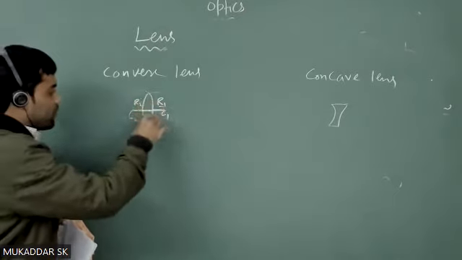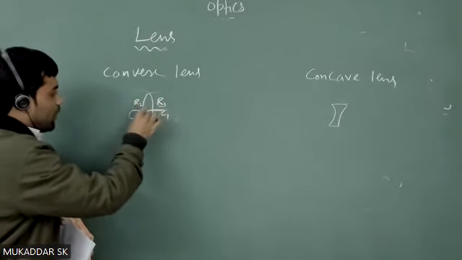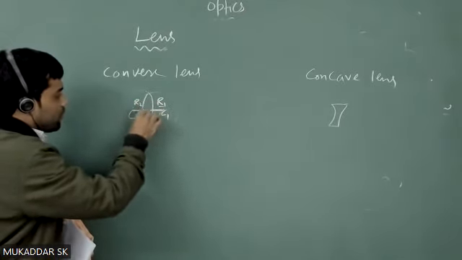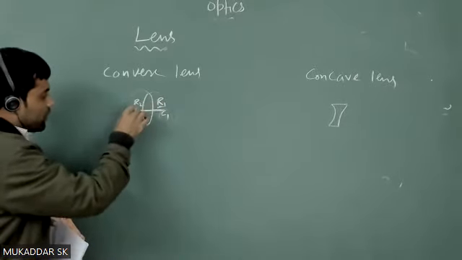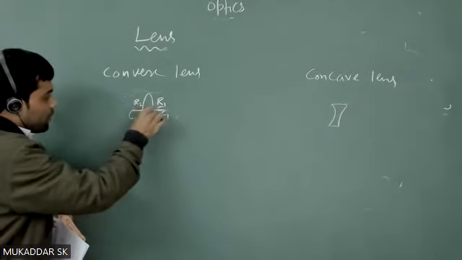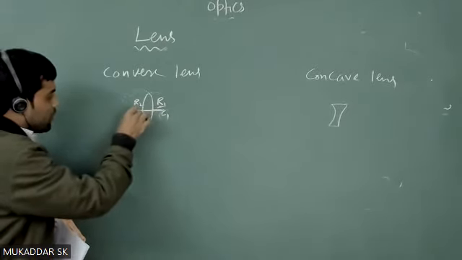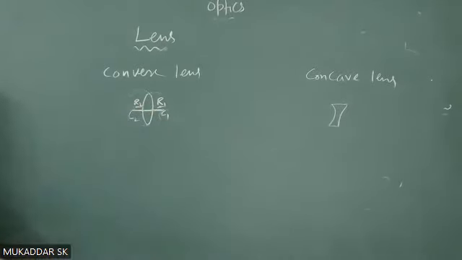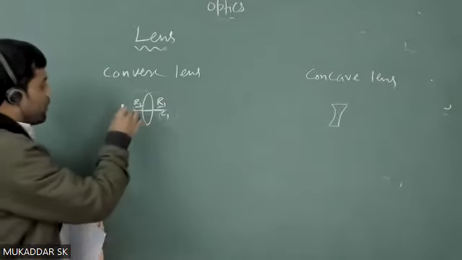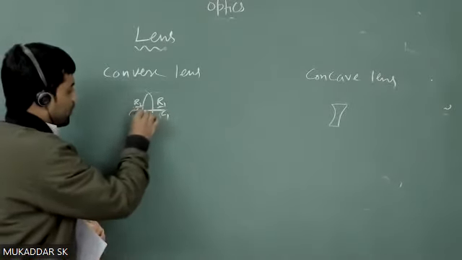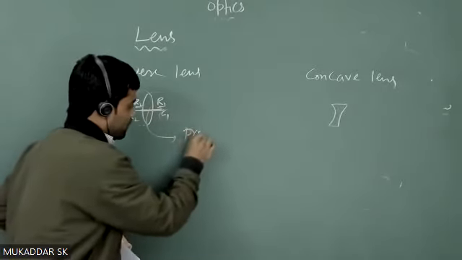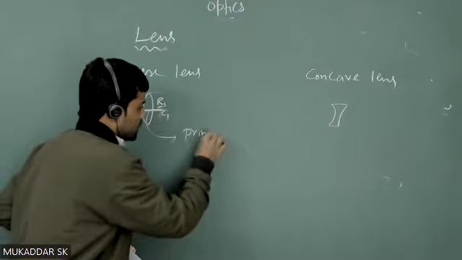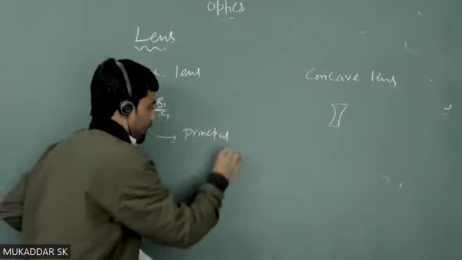So for this surface, the center will be C1 and the radius of curvature will be R1. For this surface, you have a center of curvature here, and the distance from pole to center is the radius of curvature R2. Now, if I join the two centers of curvature by a line, then this line is known as the principal axis.